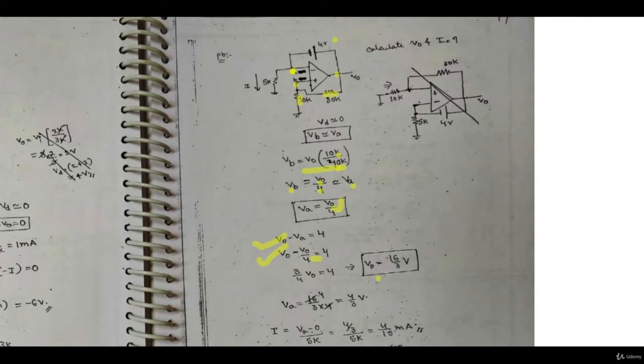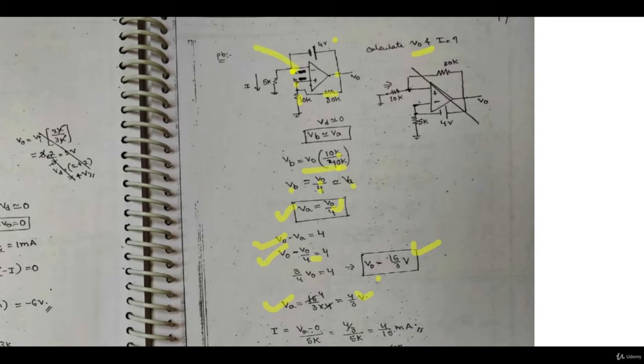Once you get the value of V0, you can calculate the value of Va, that is V0 by 4, that is 16 divided by 3 into 4, that is 4 by 3. This will be the voltage, 4 by 3. So that is Va, and V0 is 16 by 3.